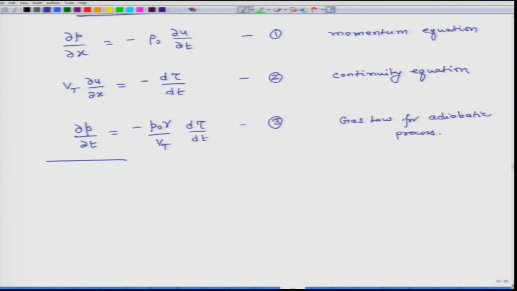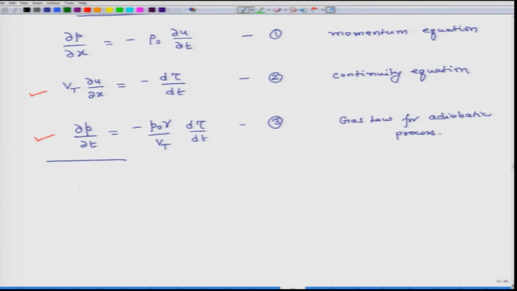The first thing we see is that in equation 2 and equation 3, on the right side we have the total derivative of tau with respect to t. So, we will eliminate tau from equations 2 and 3.